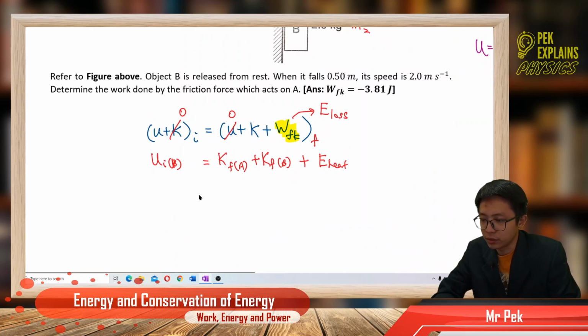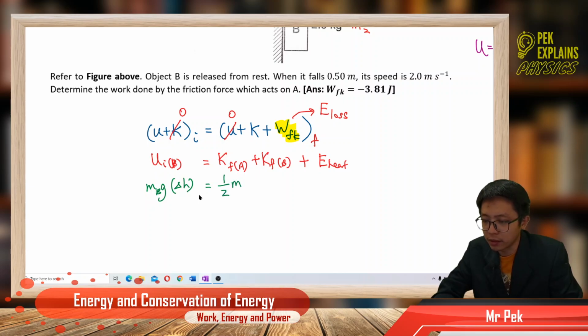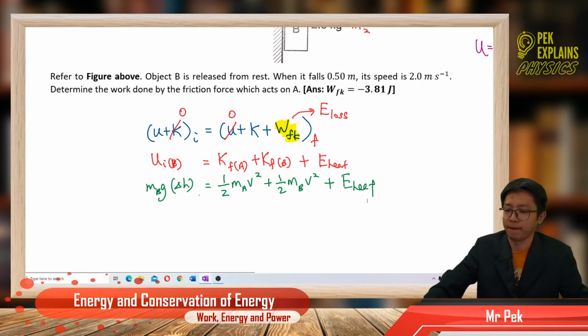So this is mg delta h, the initial gravitational potential energy, where this is the mass of B. Finally, we have the kinetic energy for A, half mass of A times v squared, plus half m v squared for mass B. And this is the heat energy which we want to find.